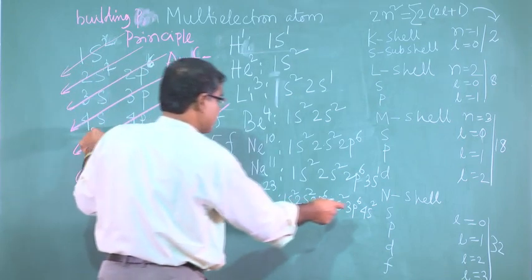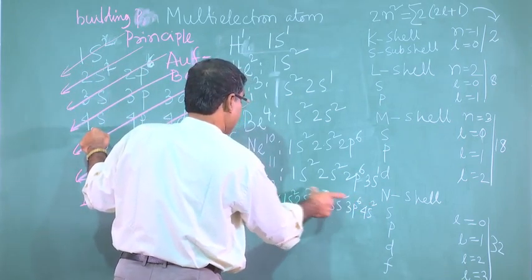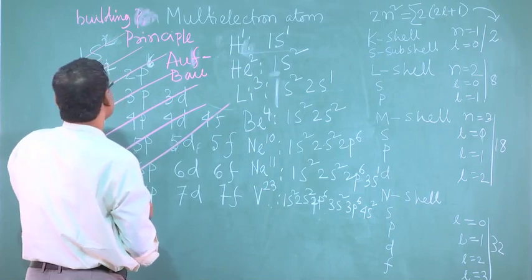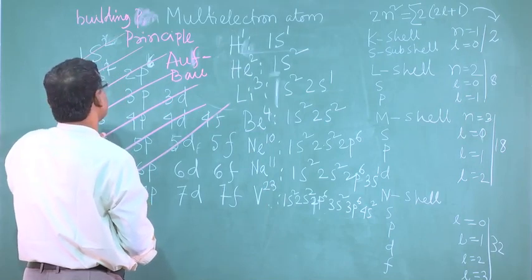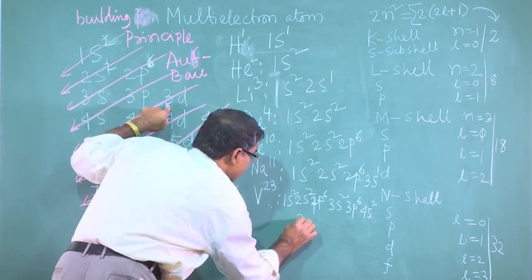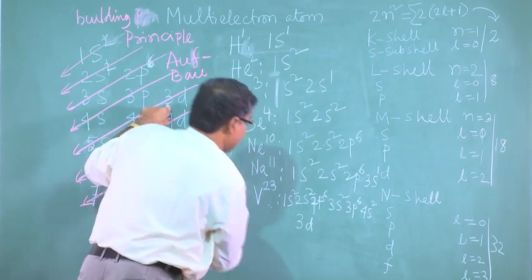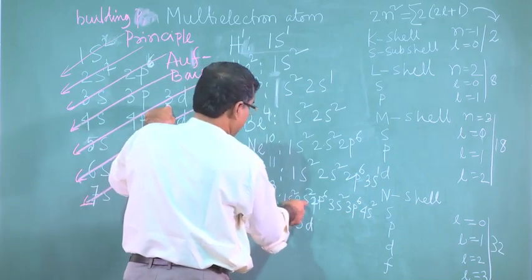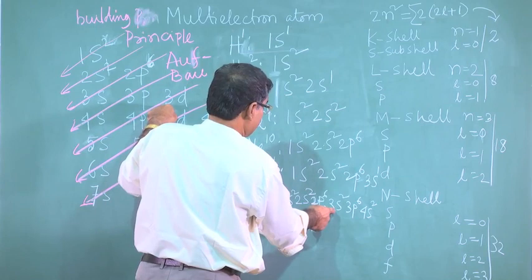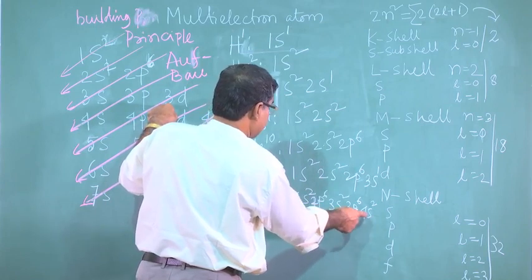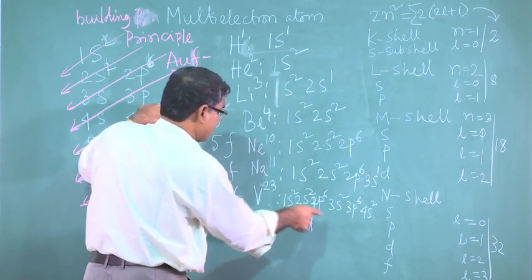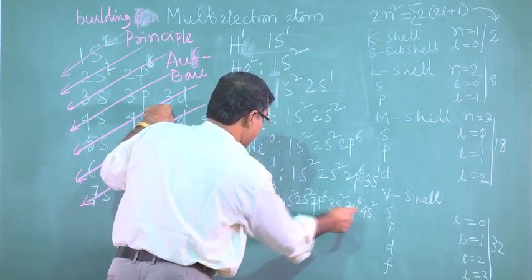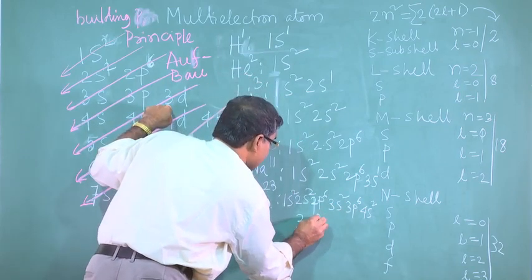So then it is, I think, 20, and then 3d. Okay. 1s2 2s2 2p6 3s2 3p6 4s2, and then the rest of it is 3d.